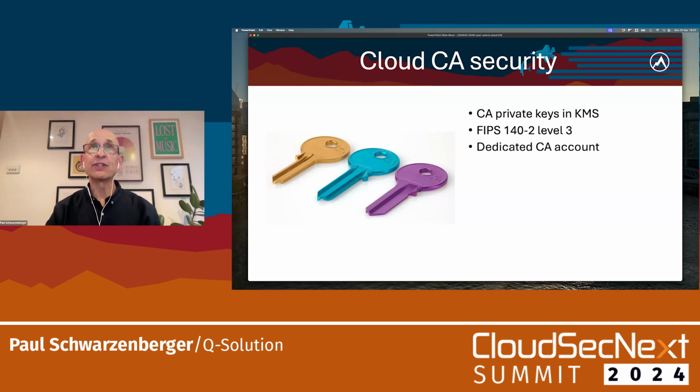As I also mentioned, it's good practice to have a dedicated certificate authority account and to have a different CA for each environment or community that needs to rely on that CA. ECDSA, as I said before, was recommended.